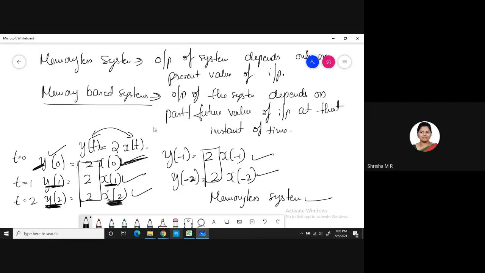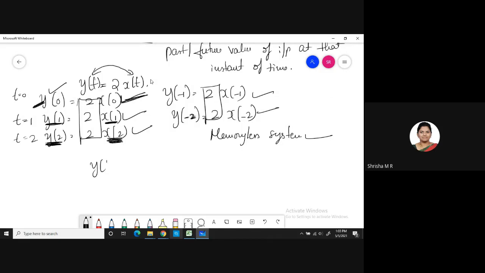One more example I'll show you. y of t is equal to x of t minus 1 plus x of t plus 1. What type of system is this? Memory based or memoryless? With memory. Because if t is equal to 0, y of 0 will be x of minus 1 plus x of 1.